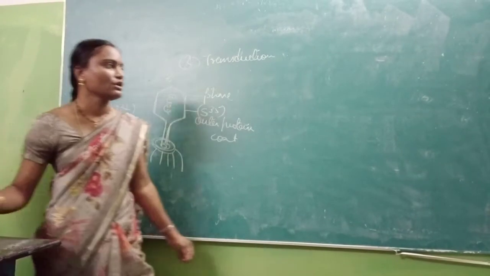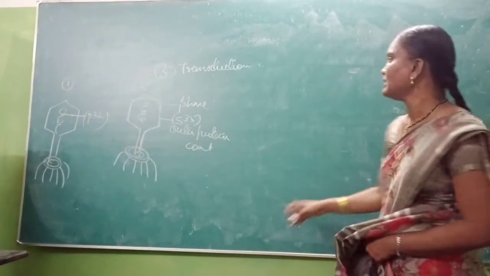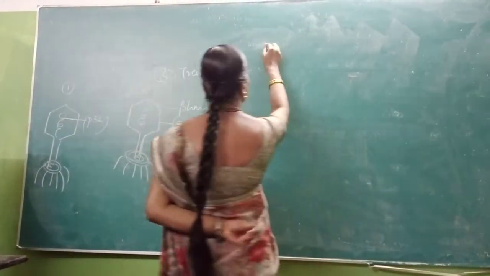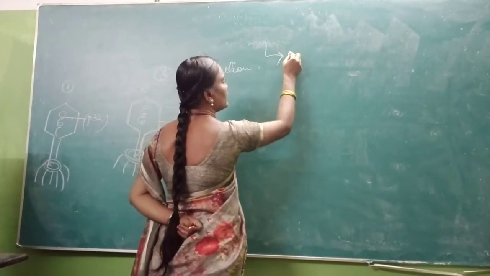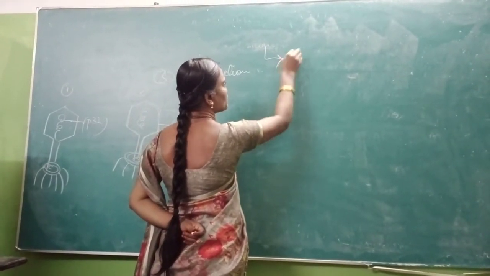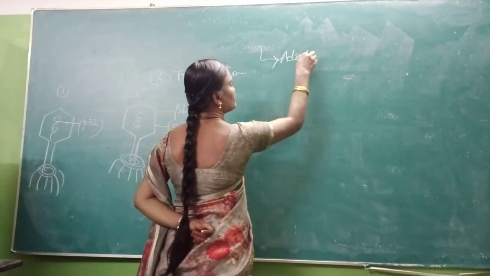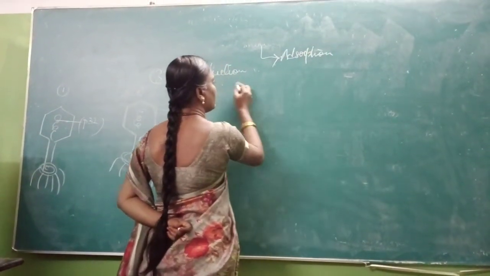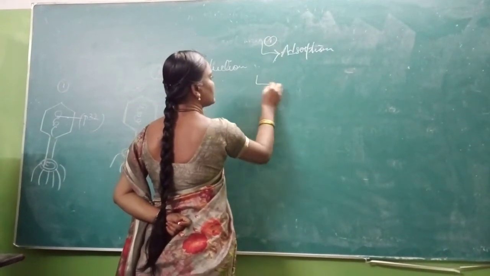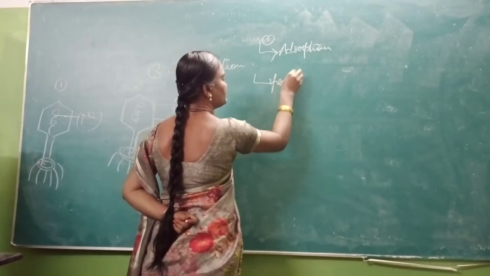Now if you go with the lytic cycle, there are 4 phases. First phase is attachment or adsorption. Next is penetration.